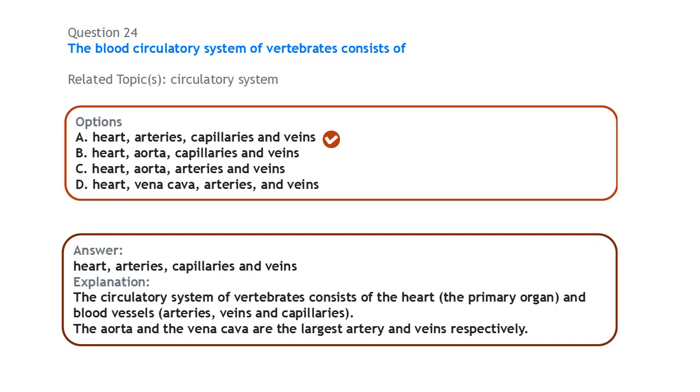Then the capillaries, they are extensions of the blood vessel, and you have the veins as well, which are another blood vessel that returns the blood to the heart. So the blood moves from the heart to various parts of the body through the arteries and winds up in the capillaries and then into the veins and then back to the heart. So that is the main component of the circulatory system in vertebrates.